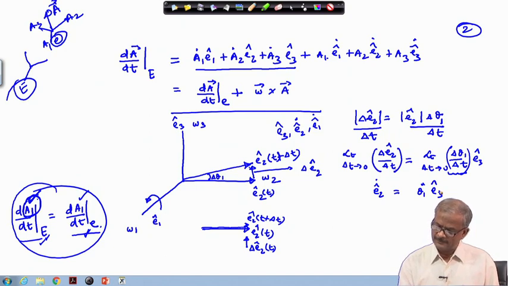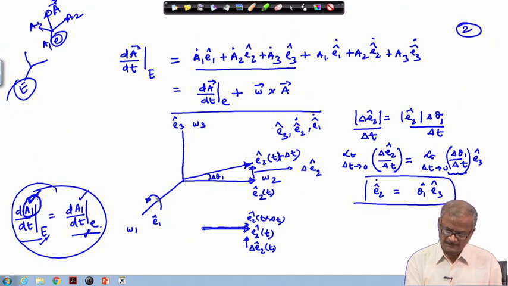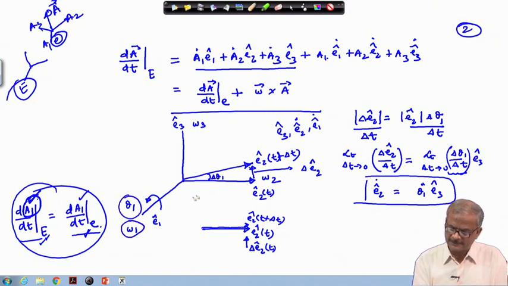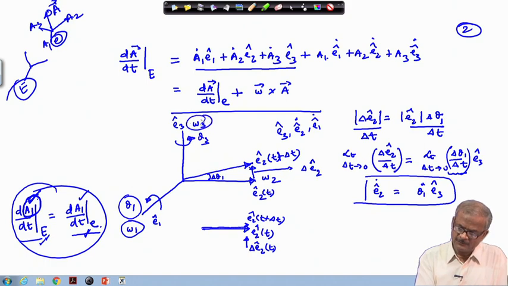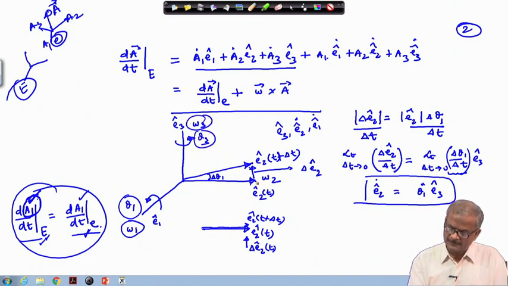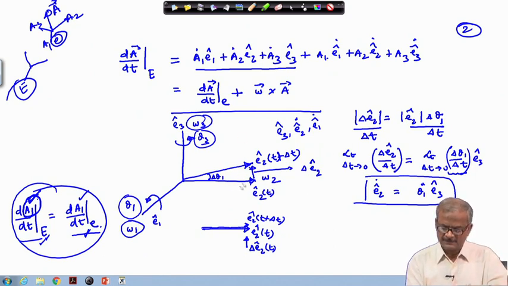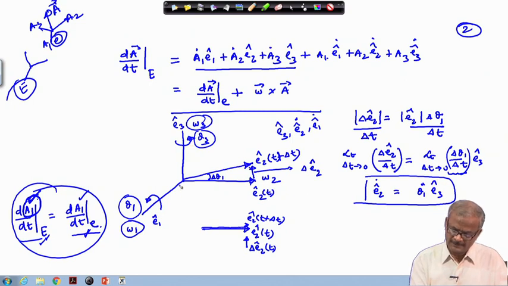the picture is not over. Here we still have to do something. This is only one part. Due to the rotation by theta 1, which is related to omega 1, this vector can also change if you give a rotation about this other direction. Let us say this is theta 3, which is related to omega 3. This is taking place in the plane of the page, and this is coming out of the page.